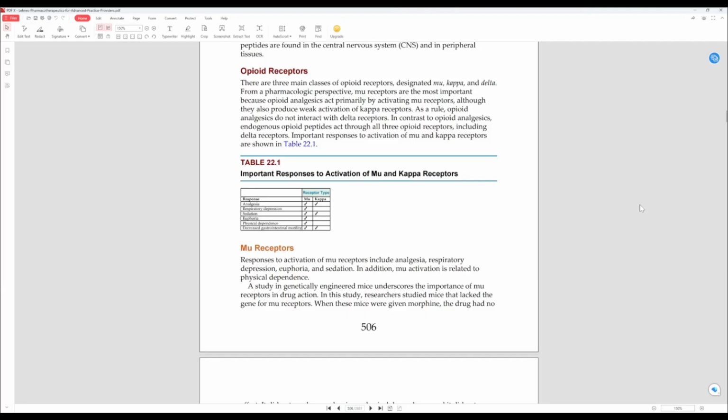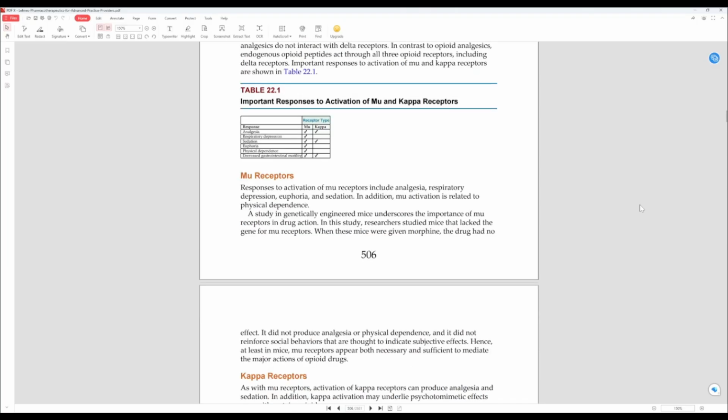In contrast to opioid analgesics, endogenous opioid peptides act through all three opioid receptors, including delta receptors. Important responses to activation of mu and kappa receptors are shown in the following table, which is an excellent spot to hit pause so you have a better familiarity of which will work on mu receptors versus your kappa receptors.